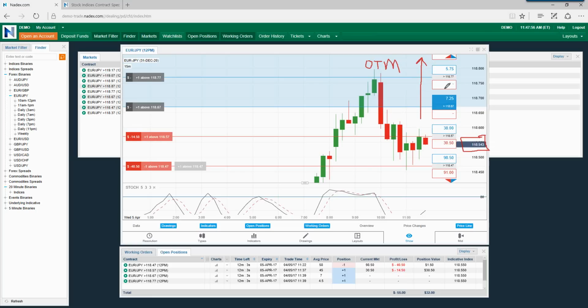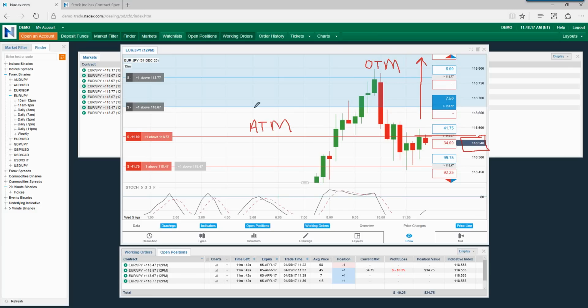Why does that matter? Because these are going to have your lowest risk on them. This is typically your 50-50. This is your current strike. It's considered at the money because this is where price is currently trading.